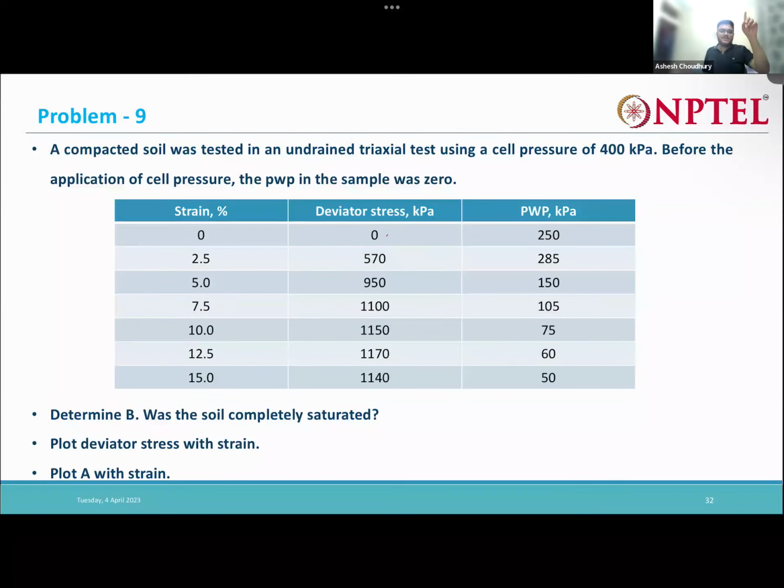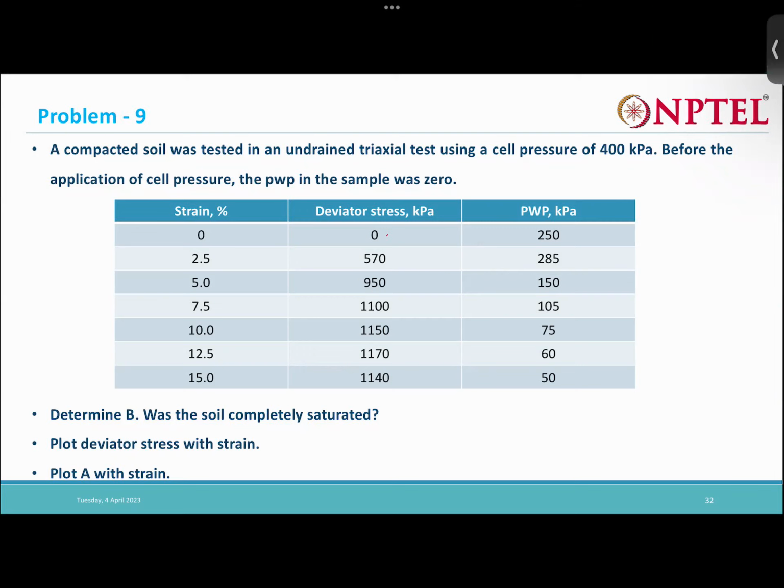We are applying a cell pressure of 400, and against that, the pore water pressure that gets developed is 250. So is my soil completely saturated? Is my soil completely saturated? Is the question still difficult to understand?